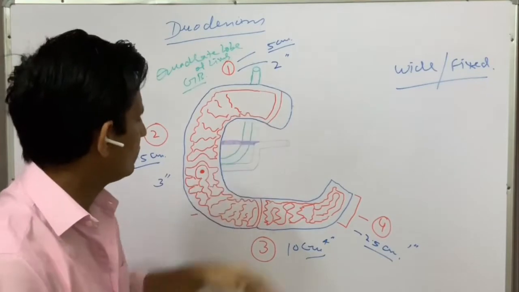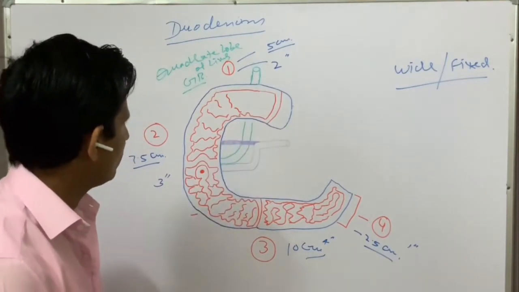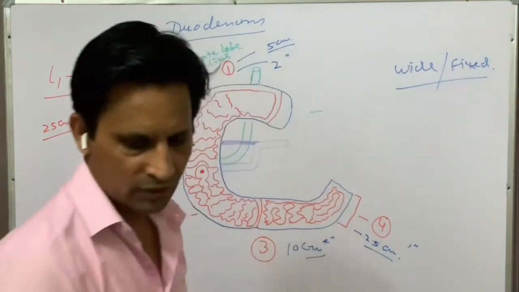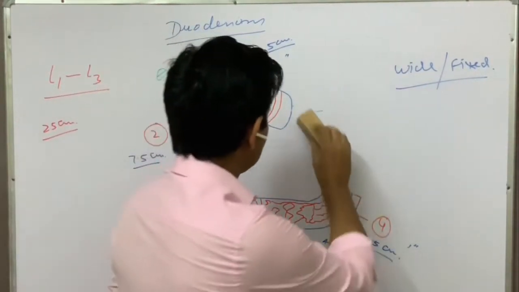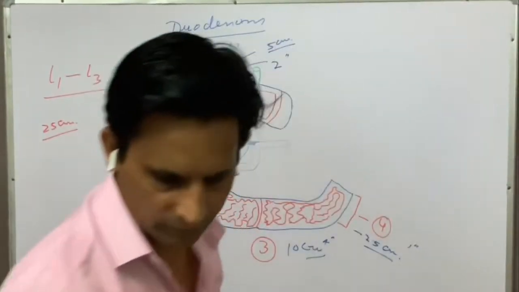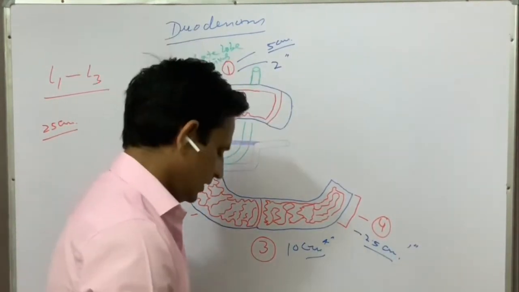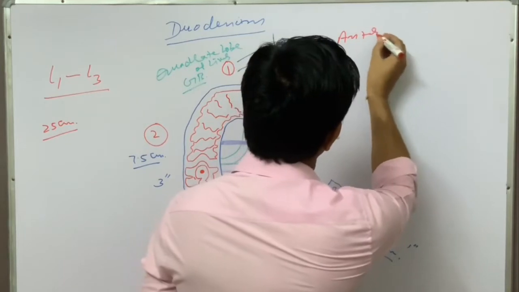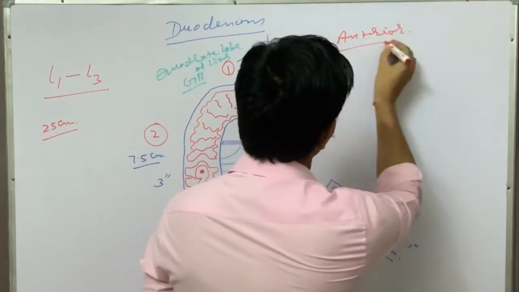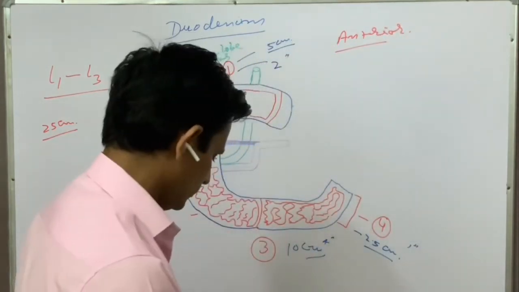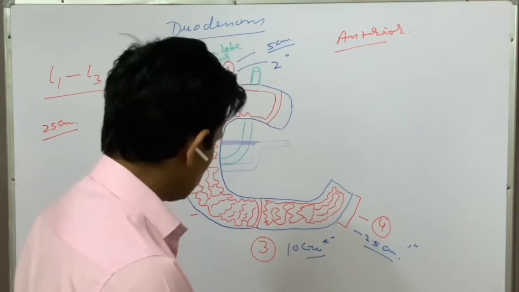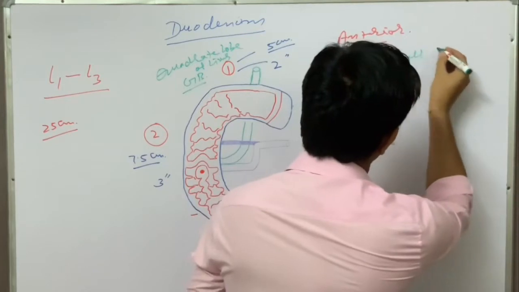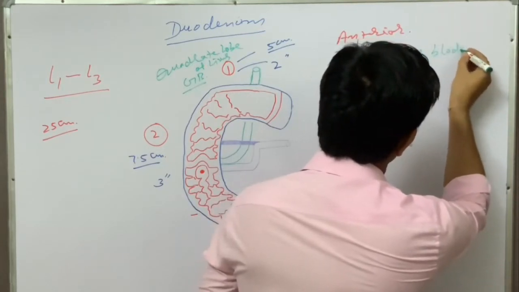The second structure is the portal vein. So the portal vein runs behind. Okay, we can note it down here. Anteriorly, anterior to the first part, we have the gallbladder.